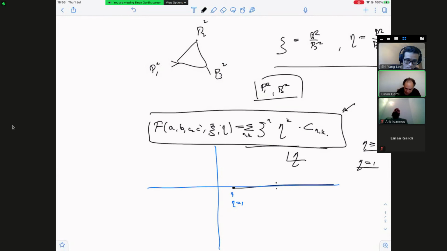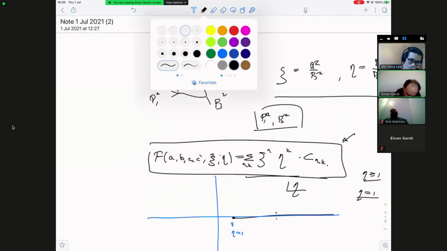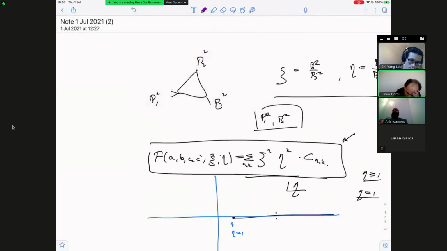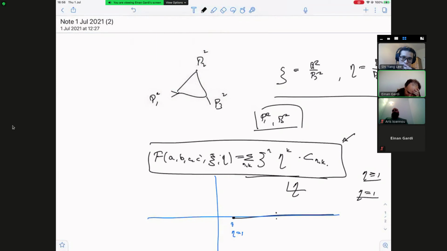So now let's try to think about the physics here. I'm asking what happens when I take a discontinuity on P2. Imagine that P2 is formed by two particles like that. You can imagine that P1 collides with P3.